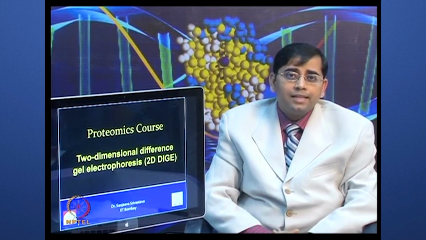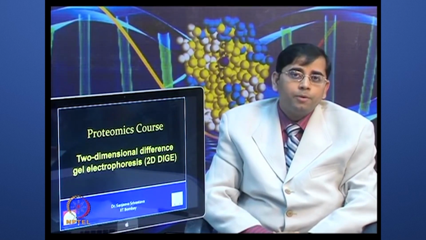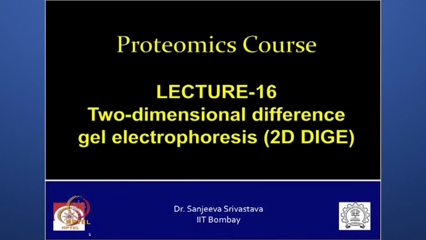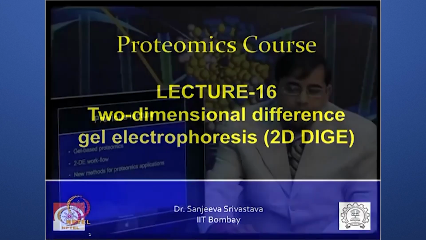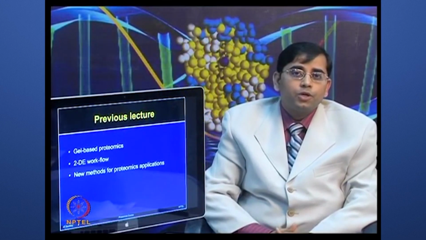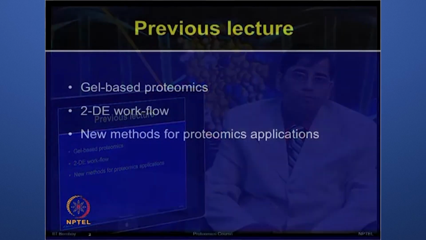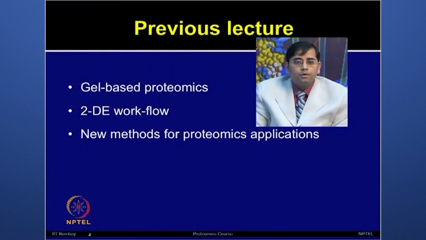Now, in the same theme, today we will talk about another advanced method of gel based proteomics, difference in gel electrophoresis or DIGE, which is used for overcoming various limitations of traditional two-dimensional electrophoresis. So, the previous lectures focused on gel based proteomics, the 2DE workflow and the new methods which are used for proteomics applications.